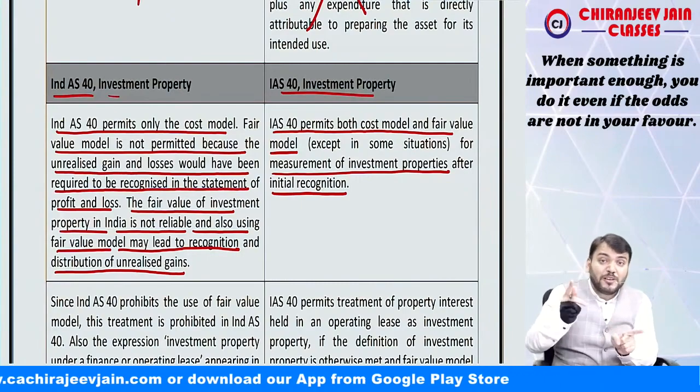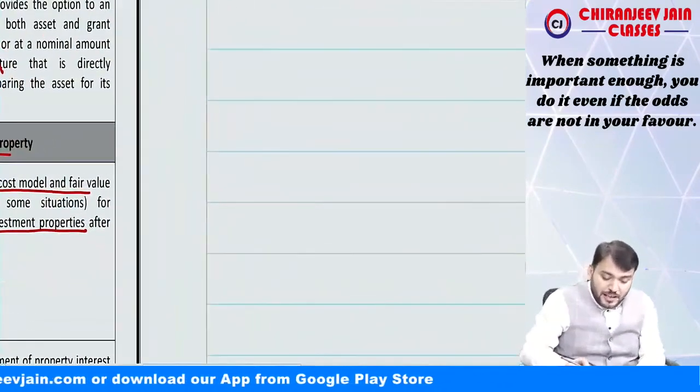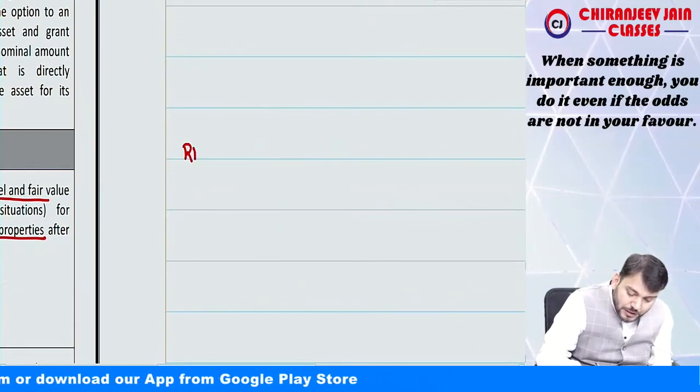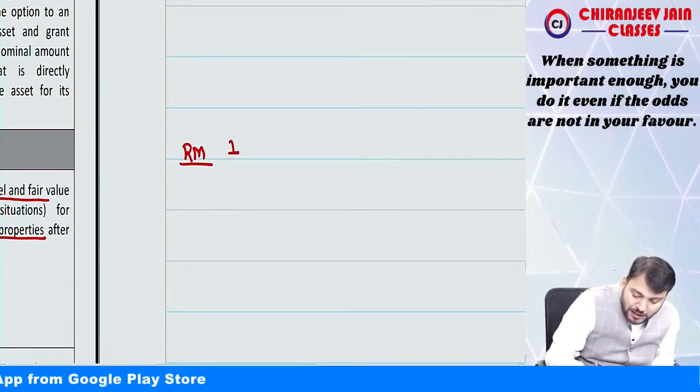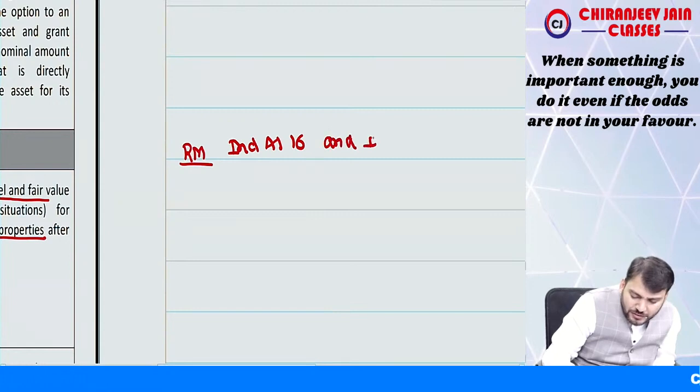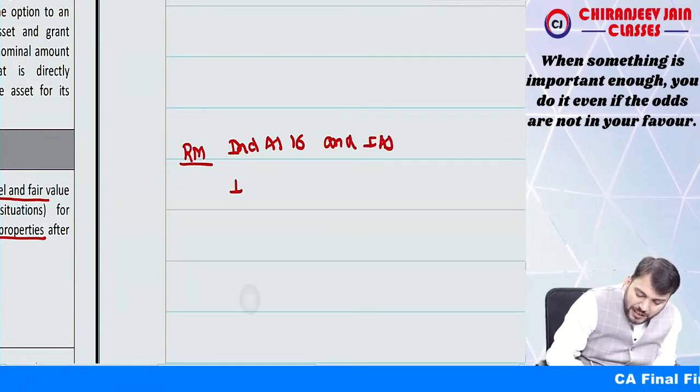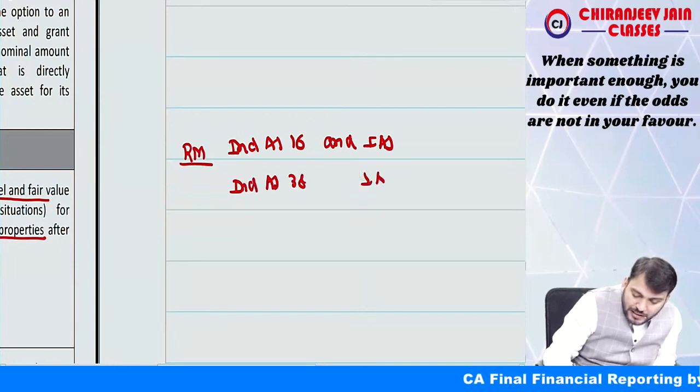Fair value model is different from revaluation model. When I say revaluation model, which is given under Ind AS 16 and IGAAP AS 16, or when I say Ind AS 38 and AS 38.